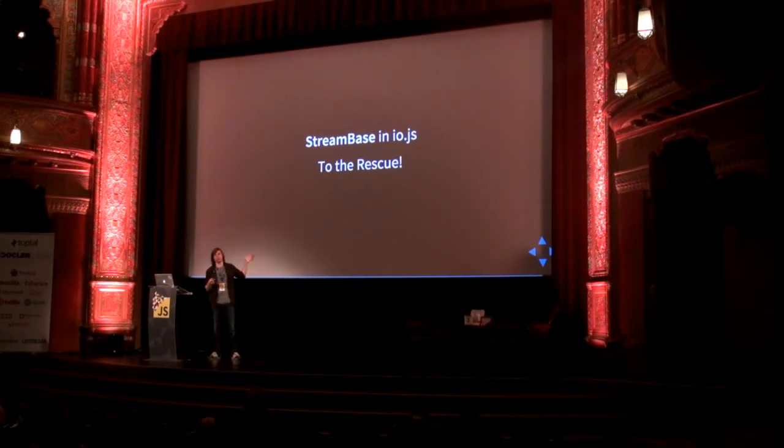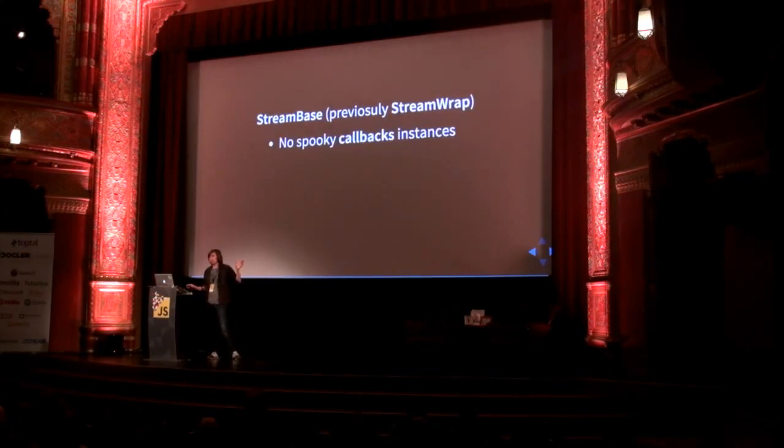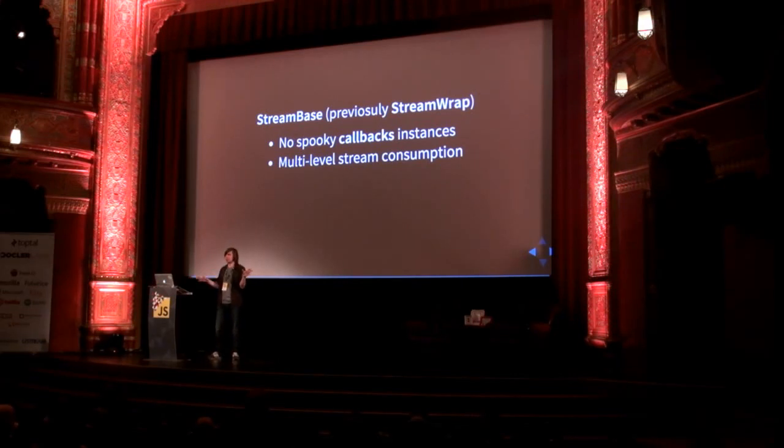It doesn't have spooky callback instances, so it's just one StreamBase class, and you could pipe its output or an input to another StreamBase class, so it's really singular in some sense, which is much better than previously. So it supports multi-level consumption, so we could implement multiple protocols in C++ and pipe them together, or in the terminology of StreamBase, consume them.